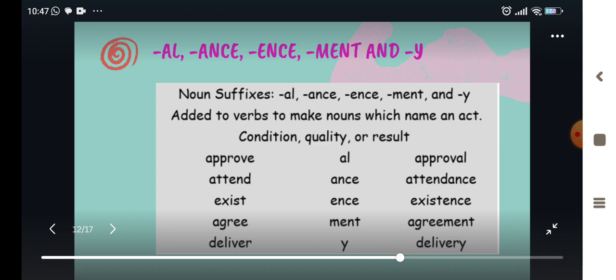Attend plus ance, attendance, has a meaning of maybe a quality. Exist plus ence, existence, has a meaning of condition. Agree plus ment, agreement, has a meaning of condition. And deliver plus y, delivery, may be a result.